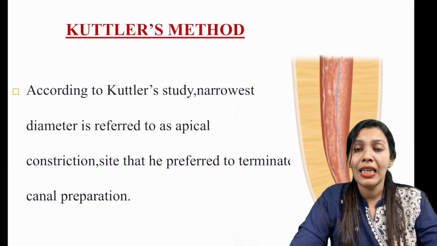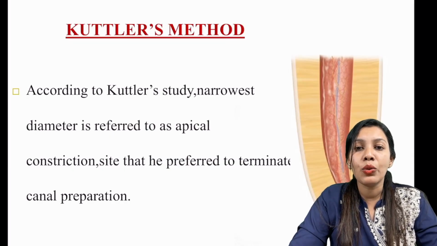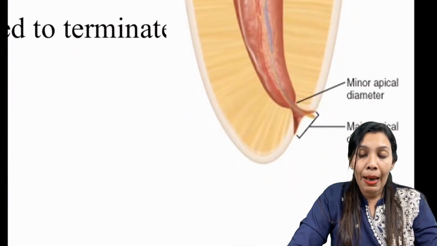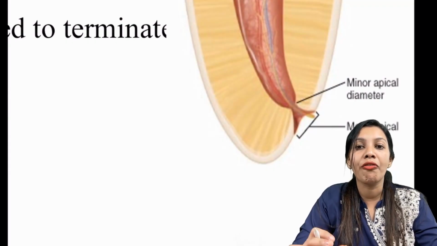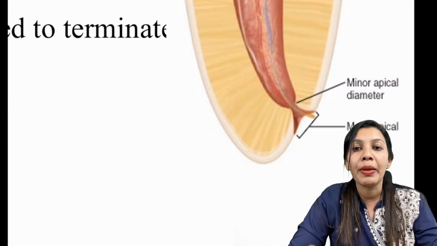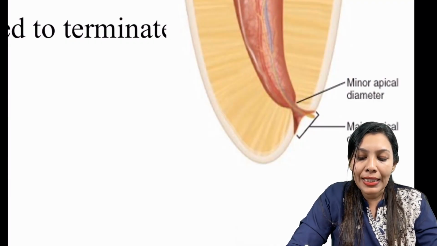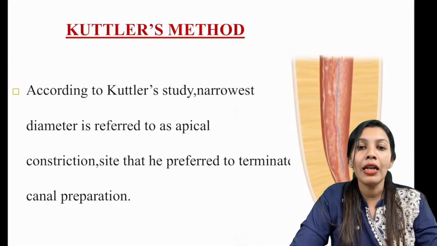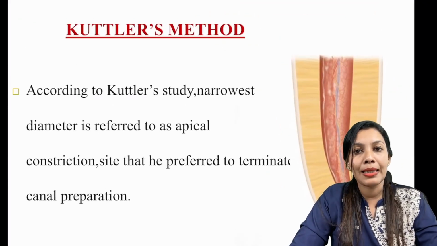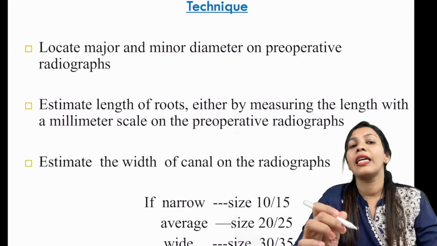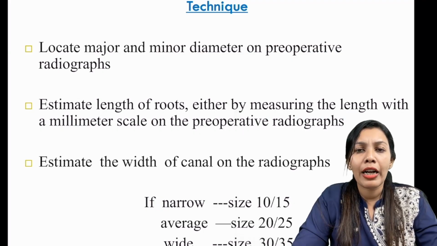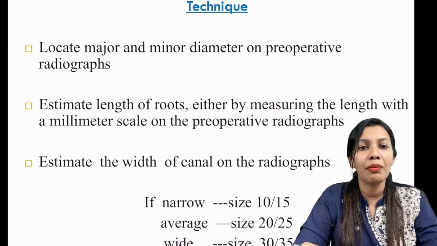Next is Kuttler. Kuttler's method: he studied the root apex, and he said there is something called the minor apical diameter, the narrowest portion of the tooth, where the obturation has to be terminated, and it should not extend beyond this minor apical foramen. So that is the concept of Kuttler. From the radiograph he analyzed where the major foramen is and where the minor foramen is.